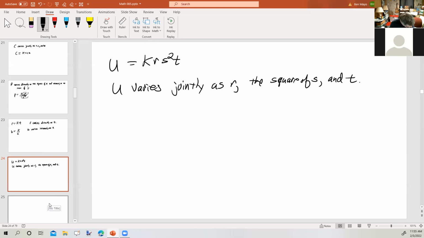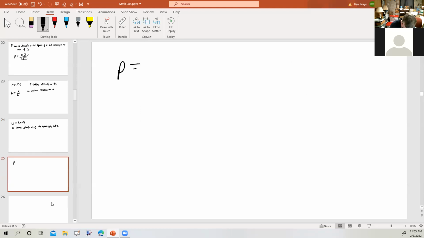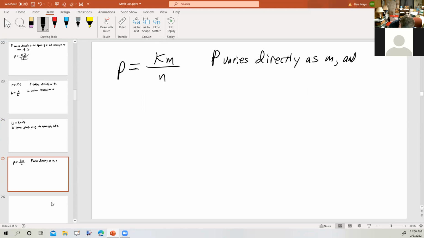And then here's the last one. P equals Km over N. P varies directly as M and inversely as, is that supposed to be an H?